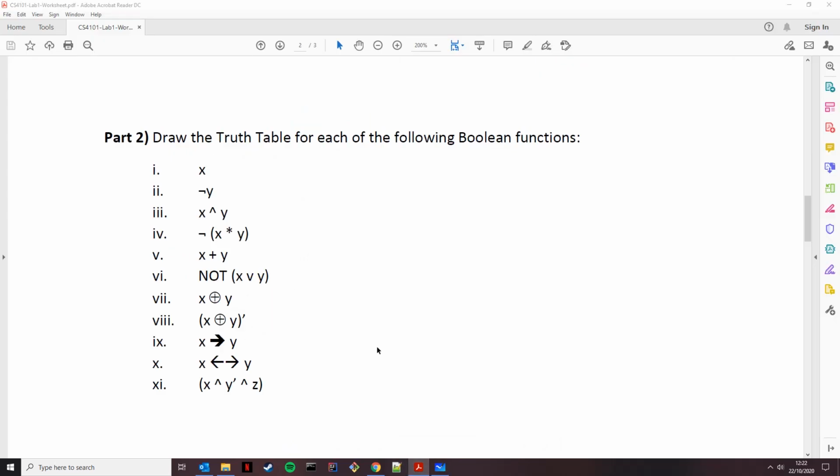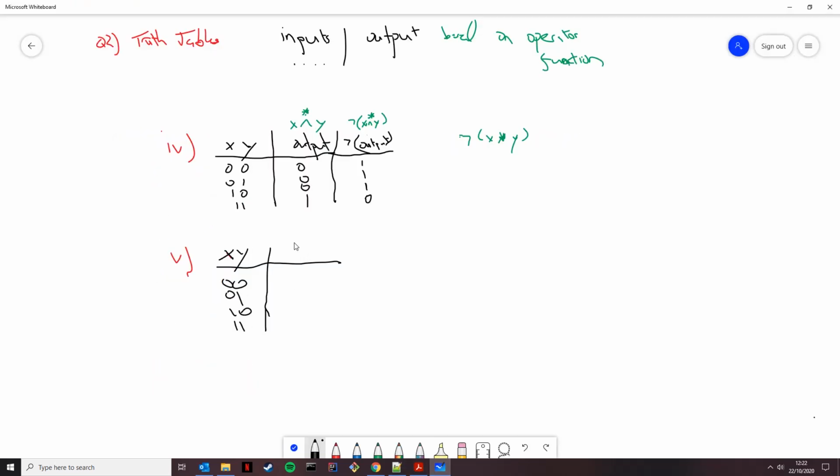So we have X plus Y. So 0 plus 0 is 0, 0 plus 1 is 1, 1 plus 0 is 1, 1 plus 1 is 1. So X plus Y is the same as X or Y, as we went through in part 1.